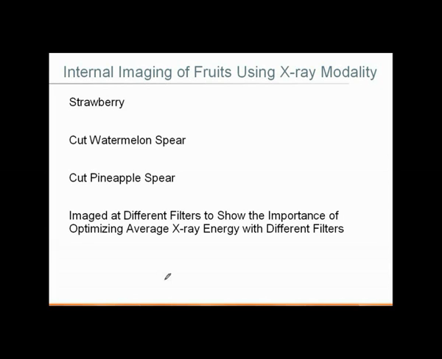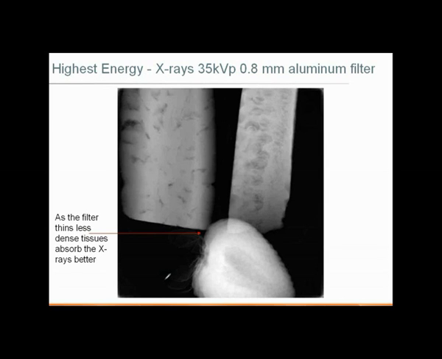Each of the following images that I'll show you were acquired using exactly the same settings, except we switch an aluminum filter that hardens or raises the average energy. So here's the hardest filter, and you can see that the less dense structures absorb the X-rays less easily. So if you have areas where you have holes, you can quite nicely make those out.